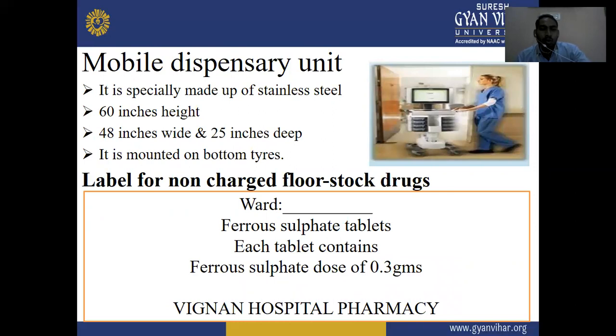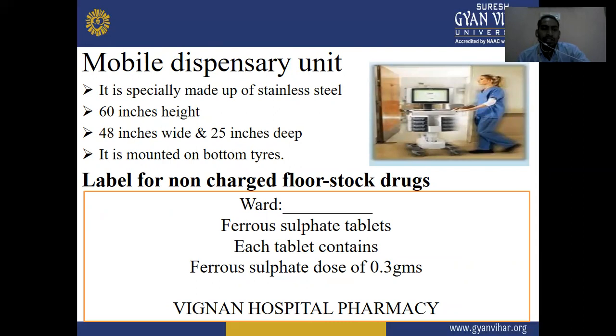The second one is the mobile dispensary unit. The mobile dispensary unit is especially made of stainless steel.